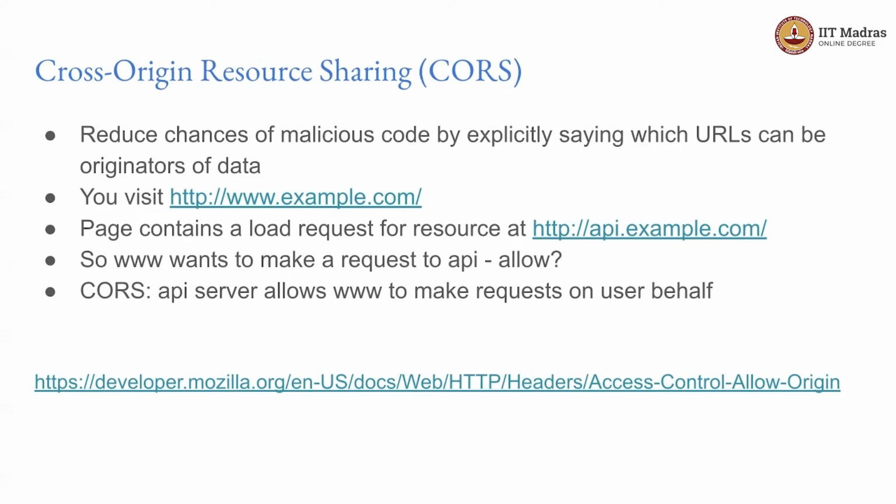It's a different server, right, because that makes sense. You do not want to run everything on the same machine. The query that goes to api.example.com will be ultimately originating from www.example.com, right? And effectively, what we are saying is that the API server, right, is allowing the www server to make requests on behalf of the user.